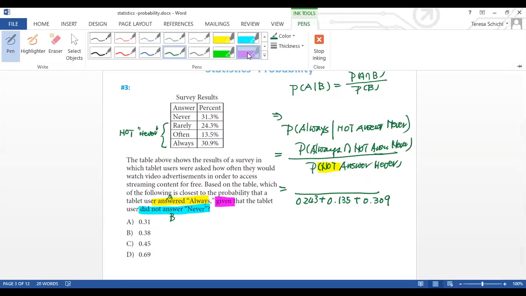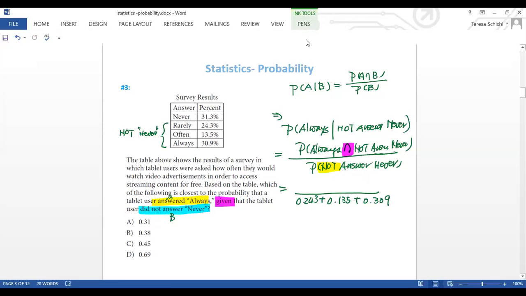And remember, what does the intersect keyword mean? Intersection, the keyword is and, right? So that means always and not answer. So it's only this part, right? So this is the common part between always and not answers, right?